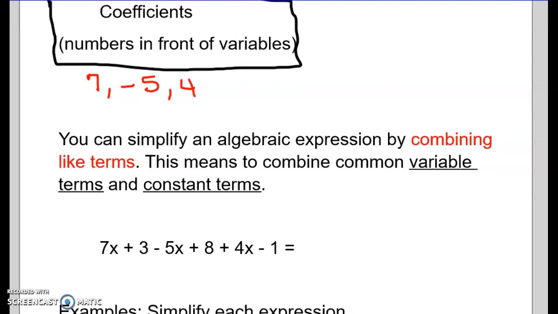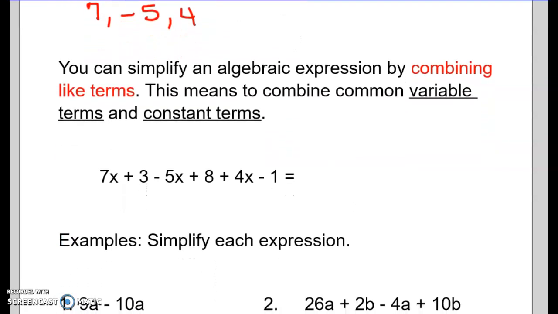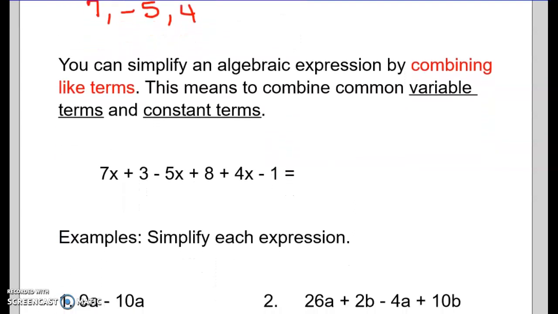All right, so now let's take a look at how we simplify an algebraic expression by combining like terms. This means to combine common variable terms, and then we can also combine constant terms. Let's look at this first expression. We have 7x, a term that has a variable.